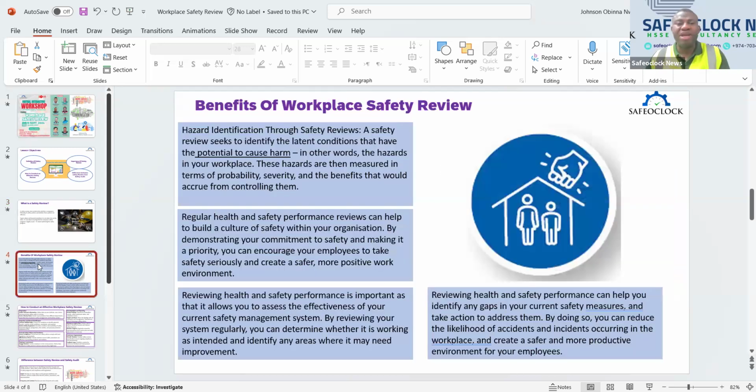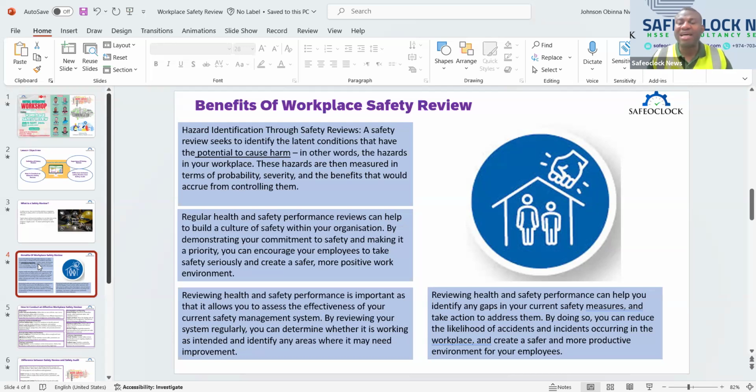What are some of the benefits? First, safety review helps in identifying hazards. In most situations, we conduct safety inspections, but safety inspections might be focusing on activity base. But when you are conducting safety review, the hazards that you are looking at are not just hazards on activity base.